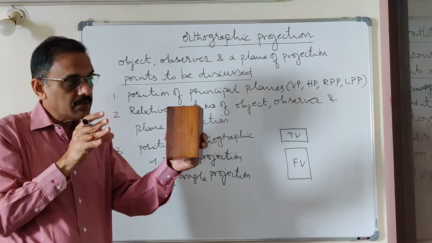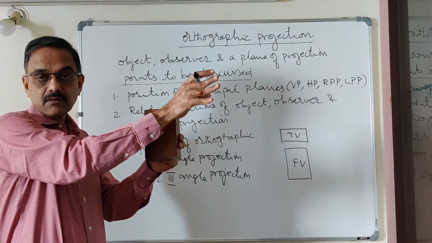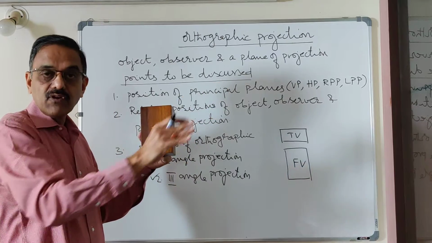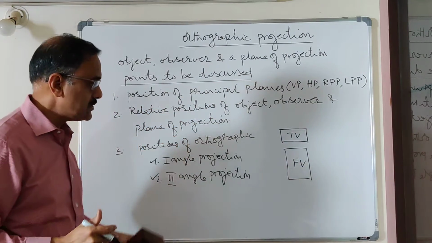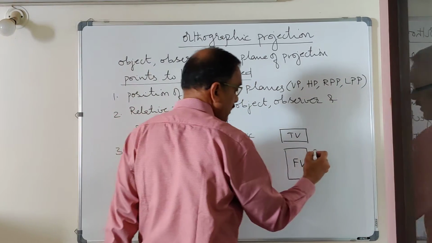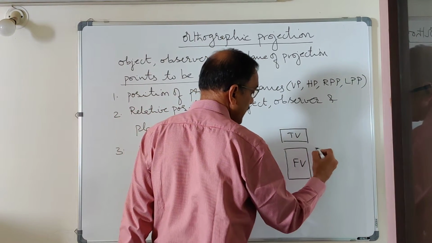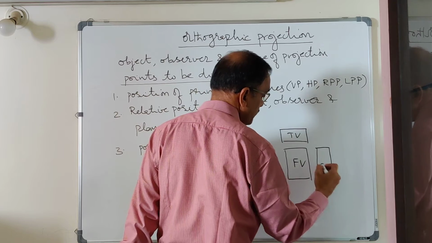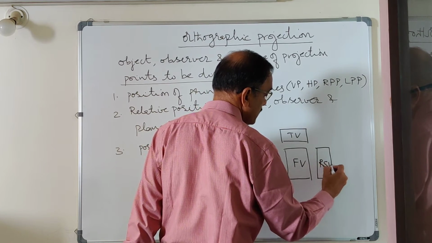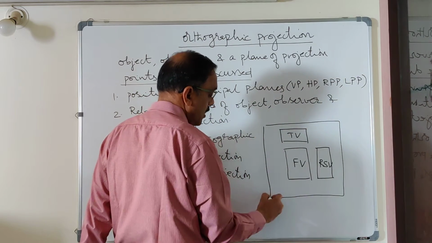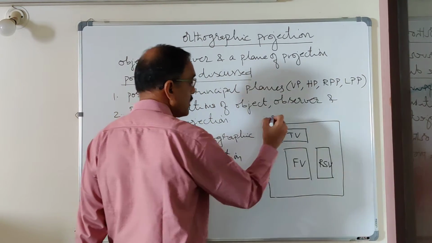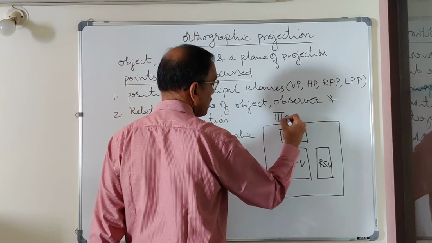And this object is projected onto the right wall itself. And when the right wall is rotated by 90 degrees, where will you get the view? On the right side itself. So this is right side wall, right side view. So these are the positions of orthographic views for third angle projection.